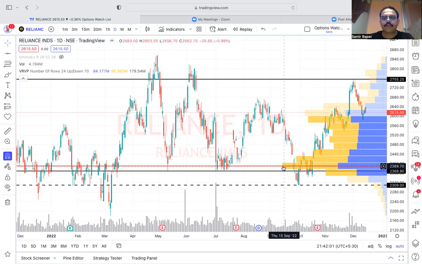So it is telling us that at this price, overall in the price range, in the last 1 year, because I have opened the chart from December till this December, at around 2390 or 2400 has been the highest volume purchase. That means the big players are buying at approximately this level.